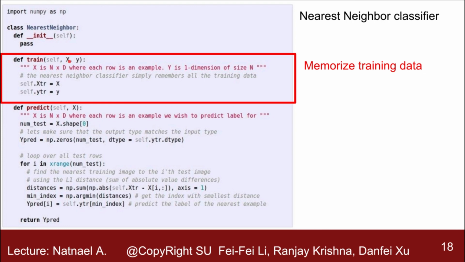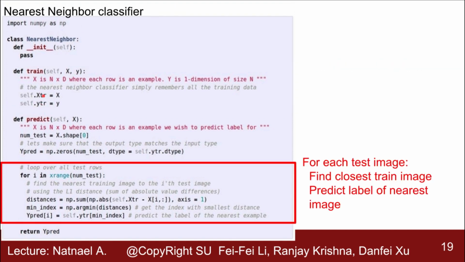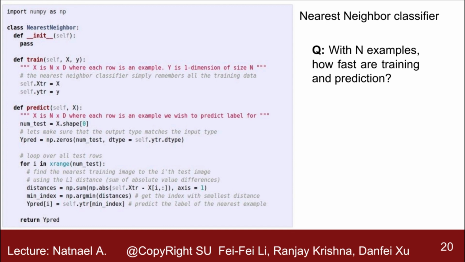Here you can see it accepts all training data, the training images and labels, and assigns them to the corresponding instance variables for both training input and corresponding label. The other thing, for each test image, it finds the closest train image and then predicts the label of the nearest image. That's shown here in the for loop statement.